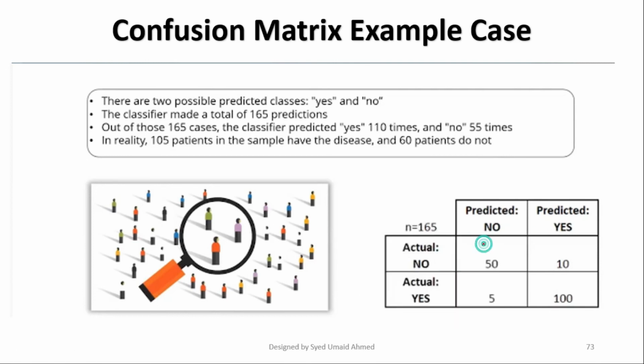I have already told you what the true negative is and what the true positive is. These are the correct classifications, and these two other cells are always wrong, also known as type 1 and type 2 errors. So I am leaving it to you to examine this example and produce the result with the help of Python programming as well.